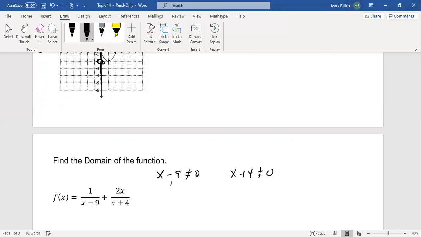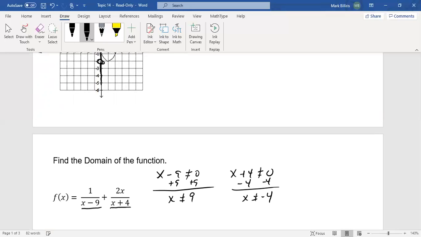So we solve. We know that x cannot equal 9, or else it would make our denominator x minus 9 equal 0. And we know that x cannot equal -4, because if -4 were replaced for x, it would make our denominator 0.